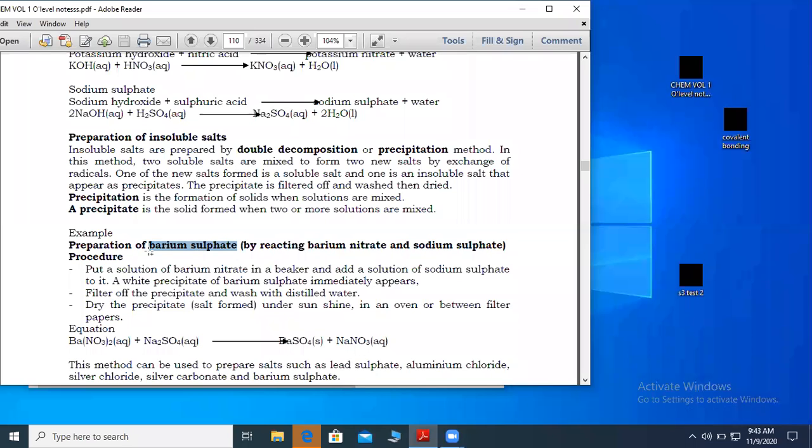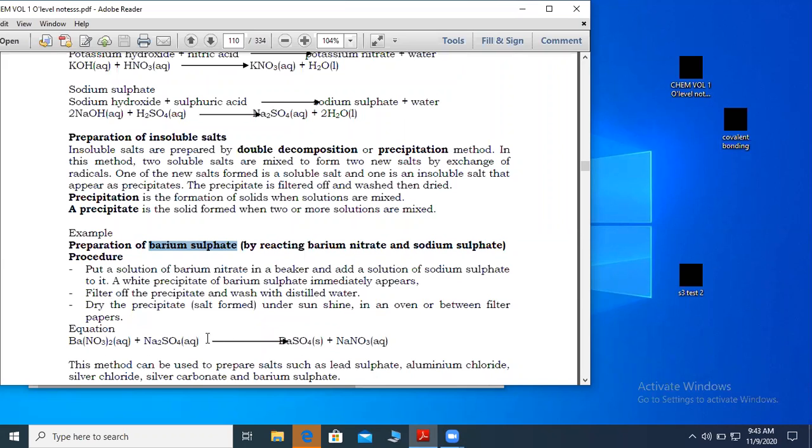When you mix those two, you will form a precipitate. Because you form barium sulfate which is insoluble, just filter off the precipitate because you want the insoluble solid. Then you dry the precipitate by pressing between two filter papers.